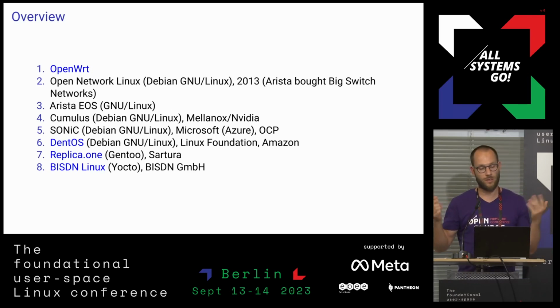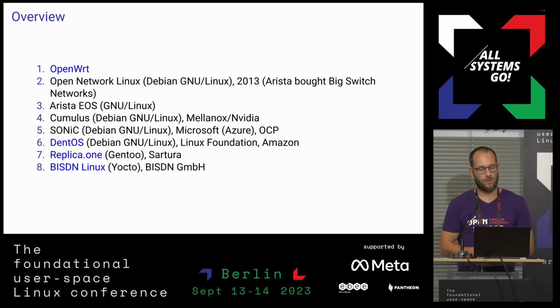That's NOS, N-O-S. A lot of you probably know OpenWrt, which is pretty established in the consumer space for routers. It started for wireless routers, but today you can also use it for switches.